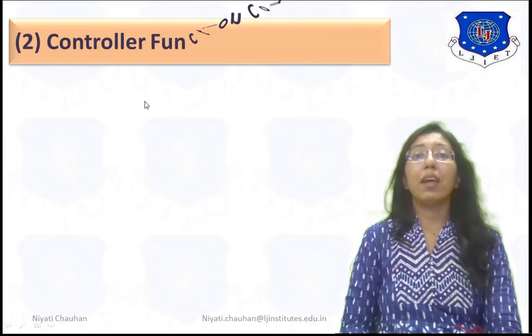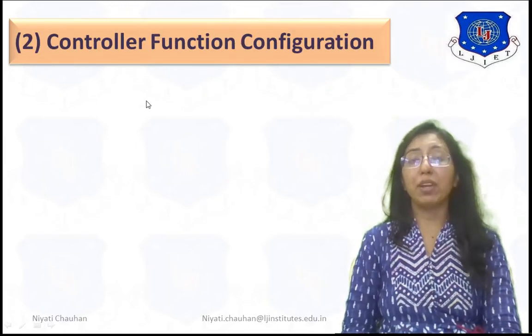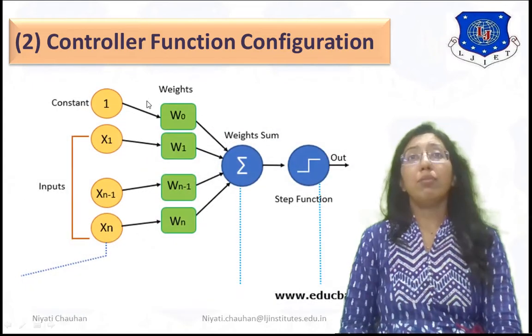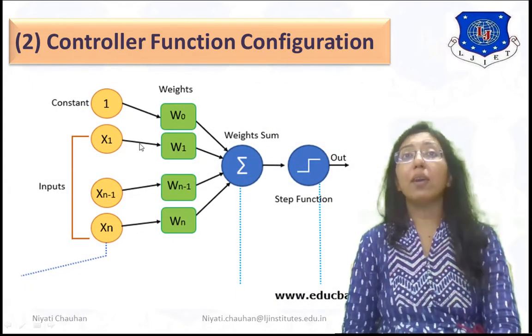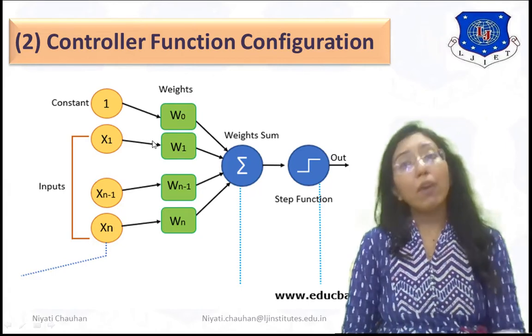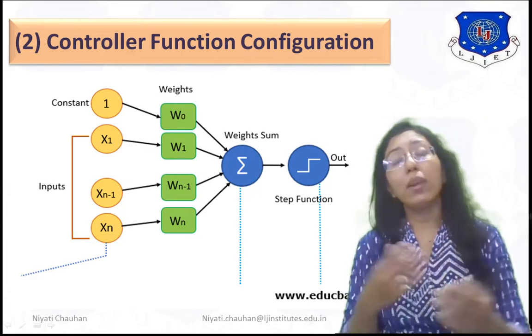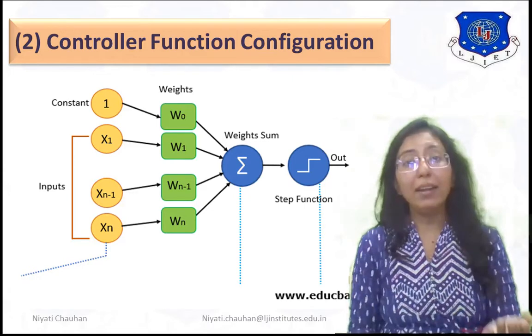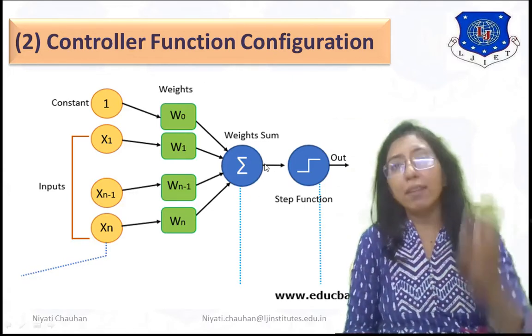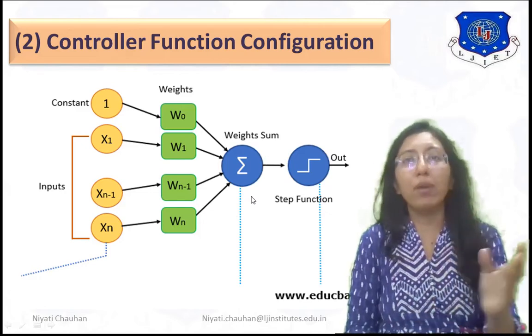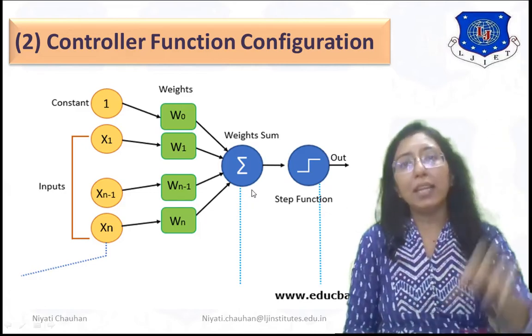Next, controller function configuration. One of the features that make distributed control systems so powerful is their algorithm library, right? In the algorithm library, we know that summation, division, multiplication and square root can be built in.